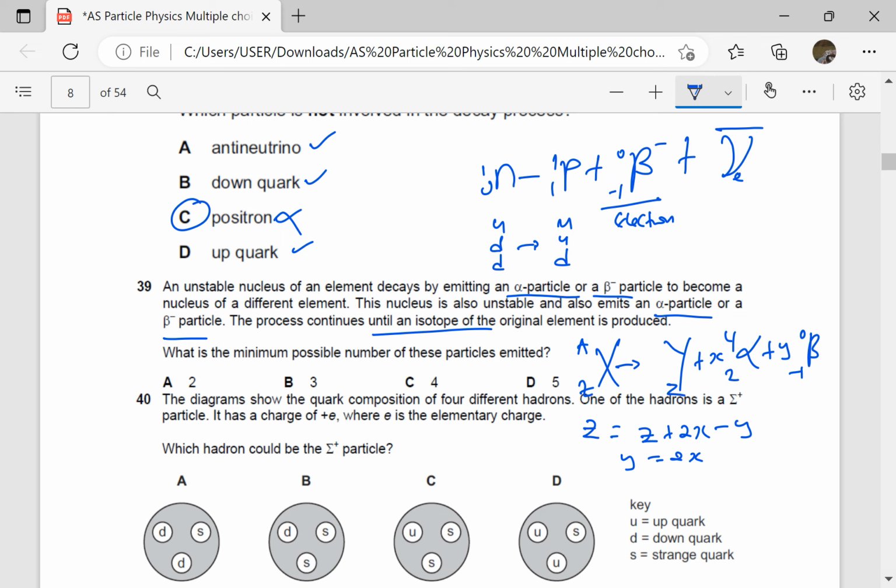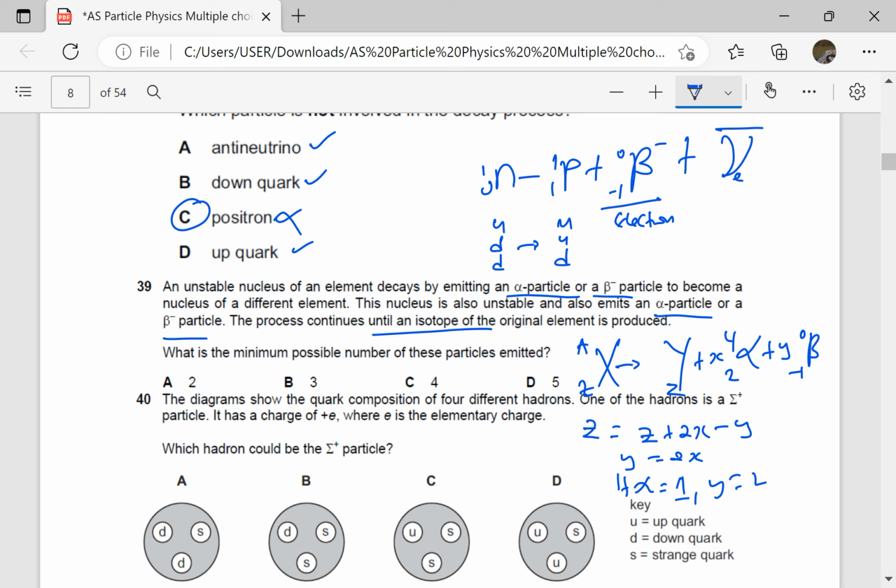So let's say if x equals 1, that is, if one alpha particle is involved, it means y is going to be 2. That means there will be 2 beta particles. This means the total number of particles is going to be 1 plus 2, which is 3.